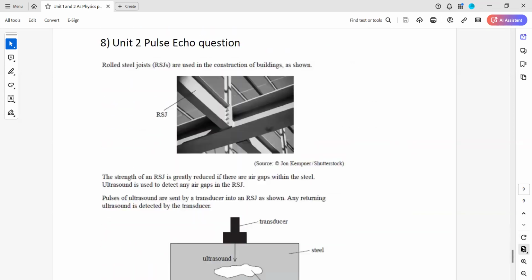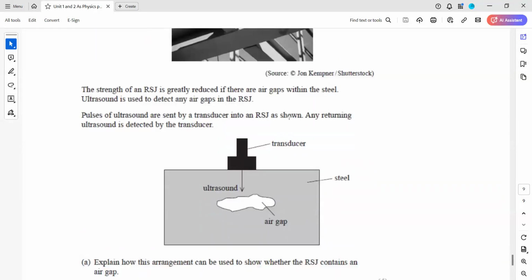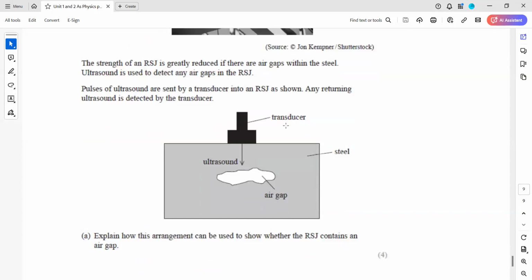A pulse echo technique question. Rolled steel joists, RSJs, are used in construction of buildings as shown. The strength of an RSJ is greatly reduced if there is an air gap within the steel.